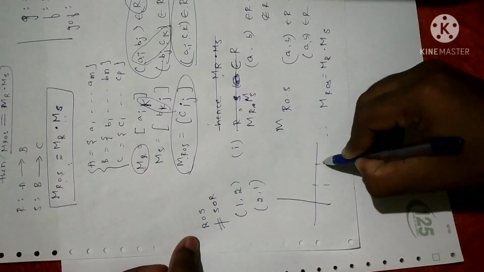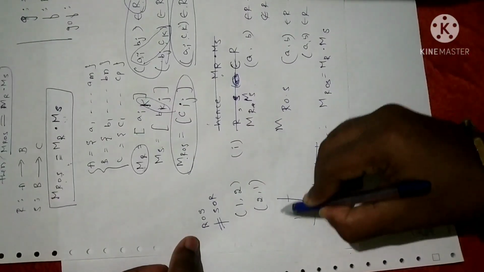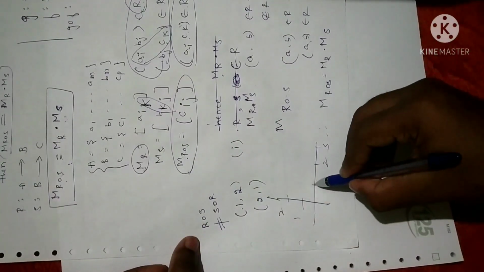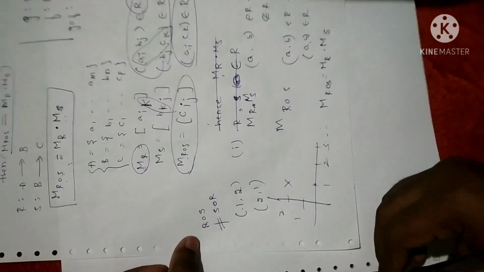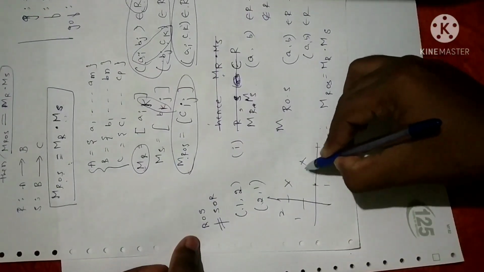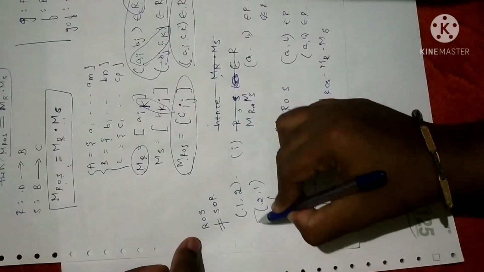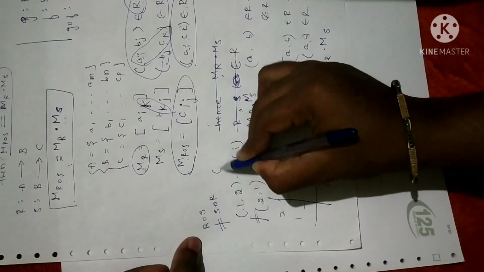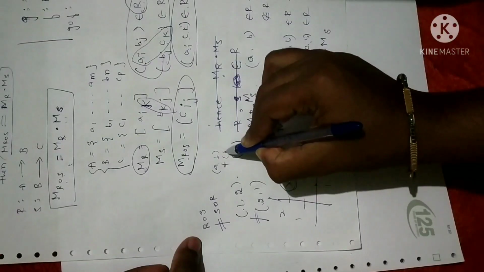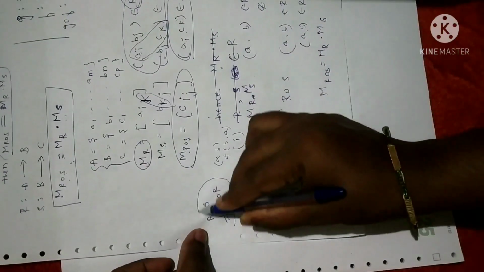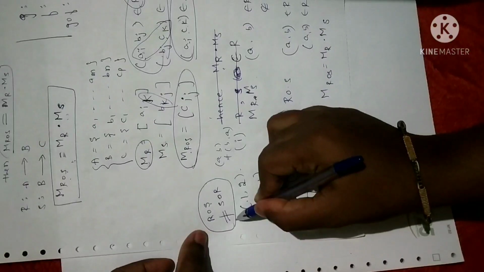Because when you draw the same in a graph, suppose 1, 2 will be when x is 1, the value of y is 2. 2, 1 will be here. So clearly these 2 points are different. So ordered pair A, B will never be equal to B, A. So R composition S will never be equal to S composition R.